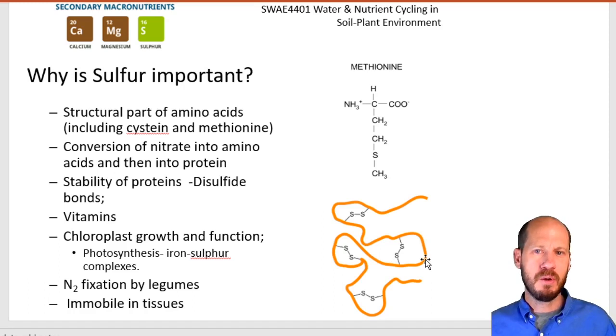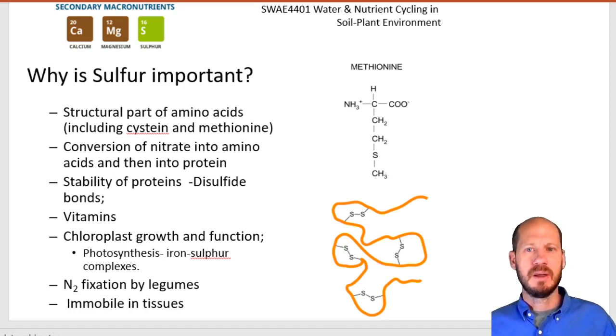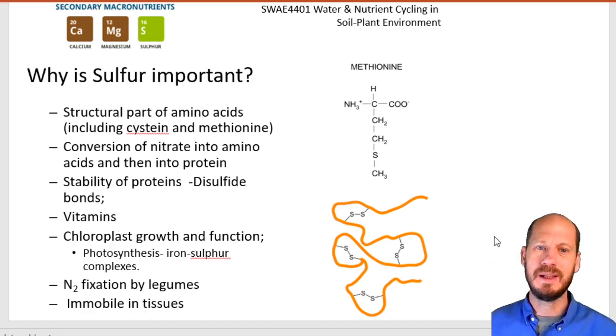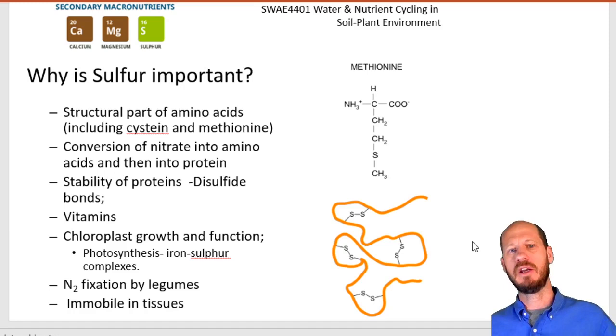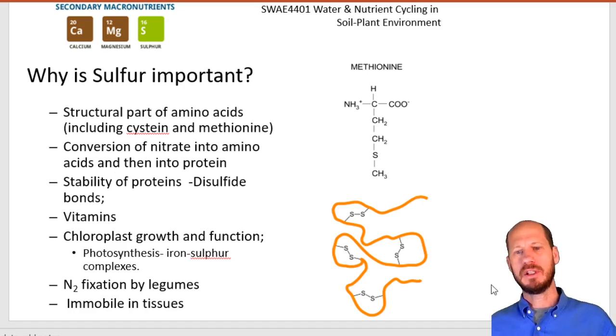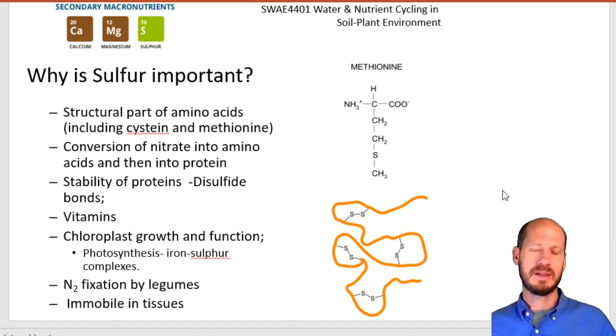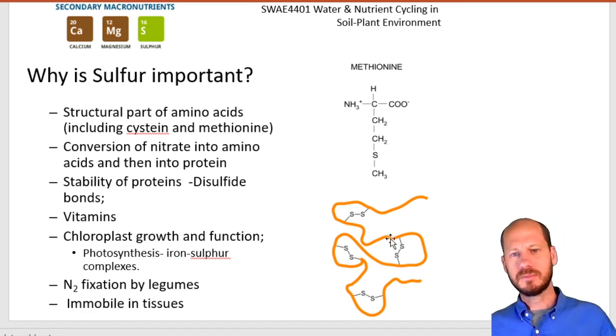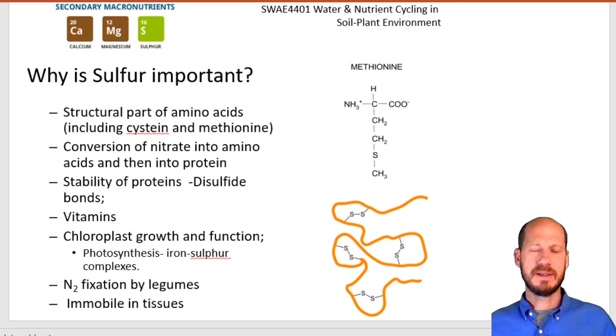Similar for sulfur, the only difference is that for sulfur you will have a lower amount than you will have for nitrogen. So you need less sulfur than nitrogen, but you will have a similar behavior in the plant and also in the soil, in a sense. I will explain a little bit more about the behavior in the soil, but sulfur is hugely important in different processes that are regulated by these proteins.